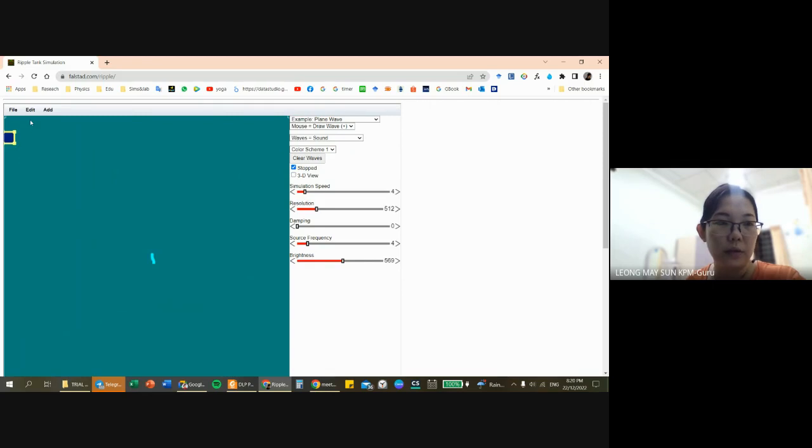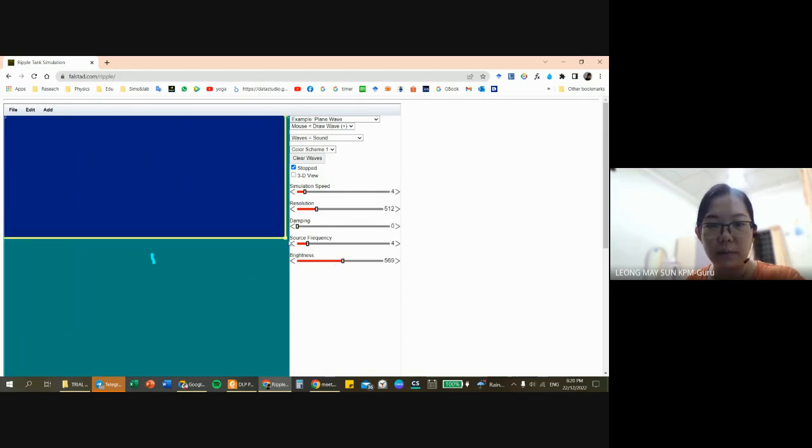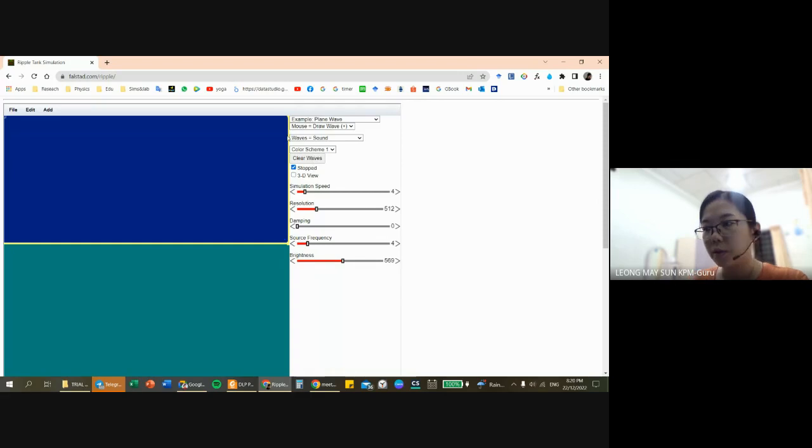I'm going to move this all the way so that the starting point is at the shallow region. What you're going to see right now is the plane wavefront starts at the shallow region. The blue color ones are shallow. The green color ones are deeper regions. I'm going to start that, and we're going to observe the wave speed and the wavelength.